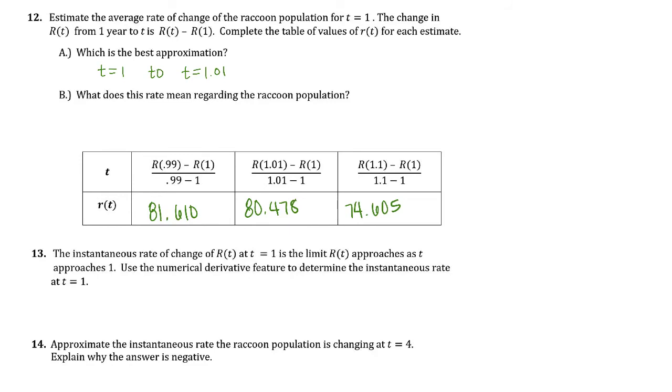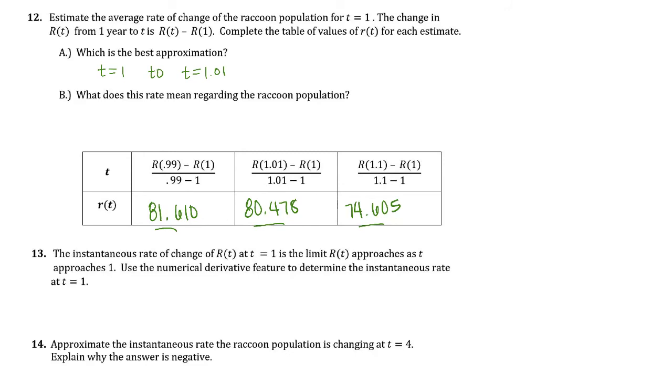So notice with each one of these values, we have a positive value in any of those little intervals, and we can even make the interval smaller around 1. And notice that all of these rates of change are positive.